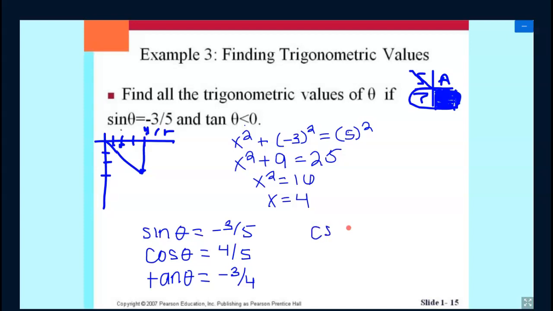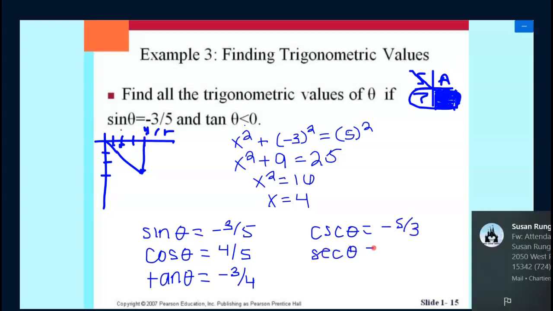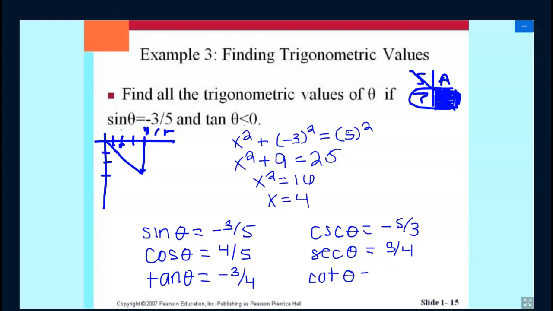So cosecant is -5/3. Secant would be positive 5/4. And cotangent is -4/3. So I found all the trigonometric values of theta given 2 conditions.